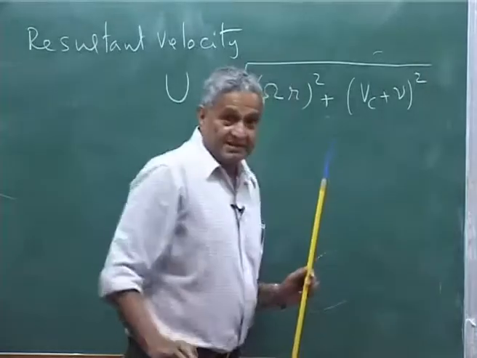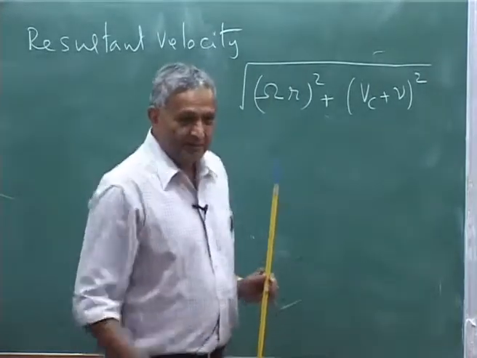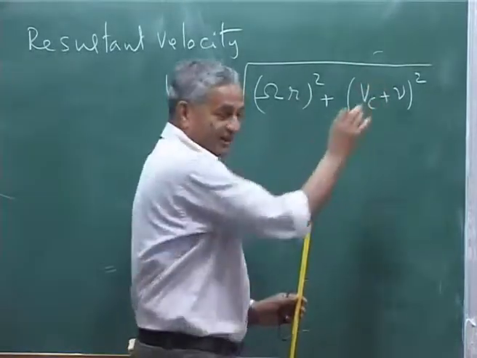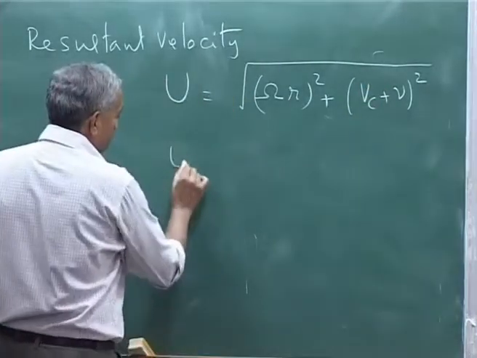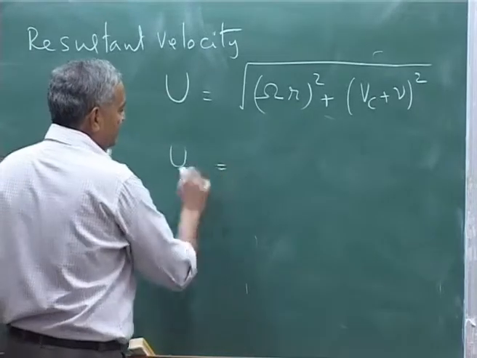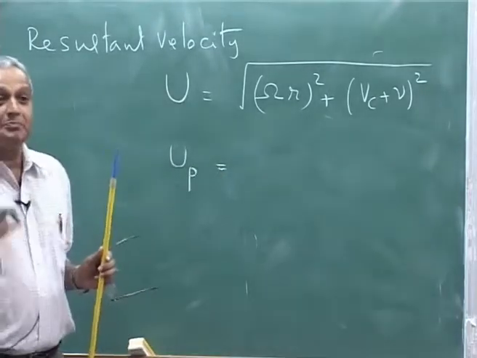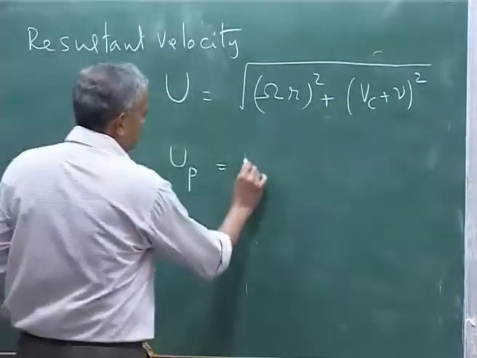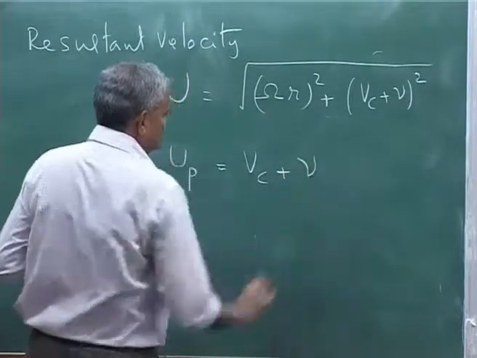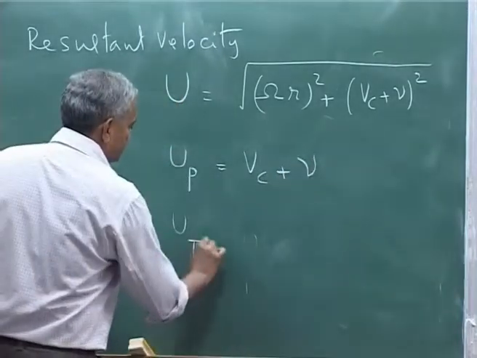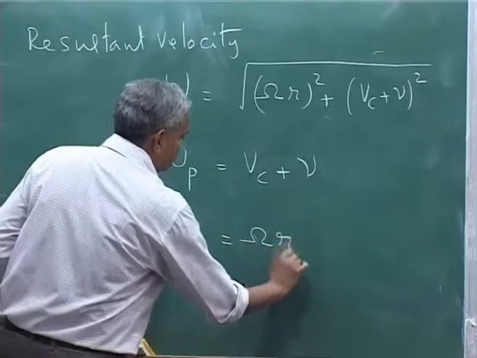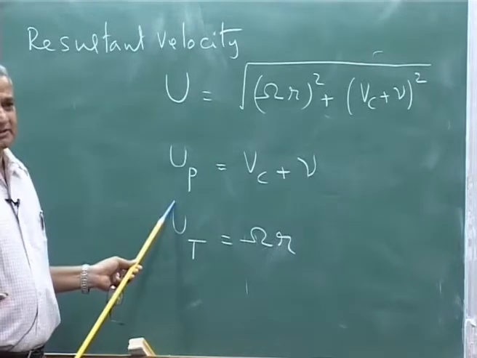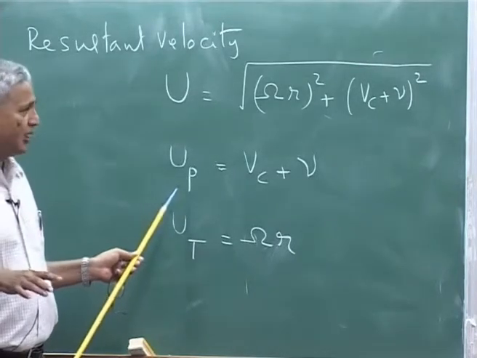This is my resultant velocity, but for simplicity, because every time you do not want to carry this, you use the symbol up, that is the velocity perpendicular to the disc. This you call Vc plus nu, and ut which is omega r. This is the tangential velocity, this is the normal velocity. Instead of calling normal n, you call it up.